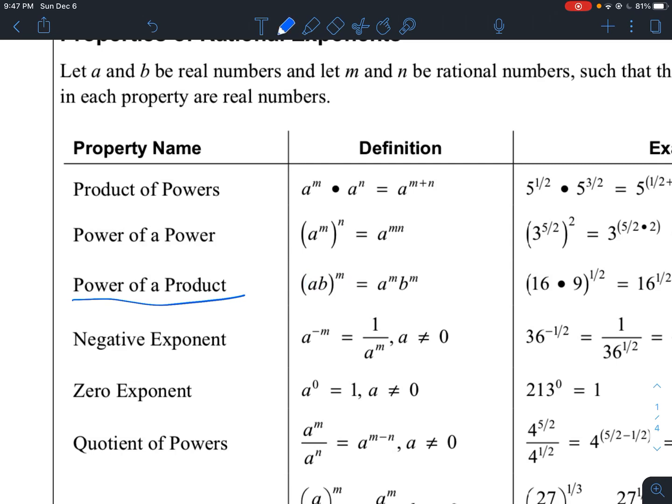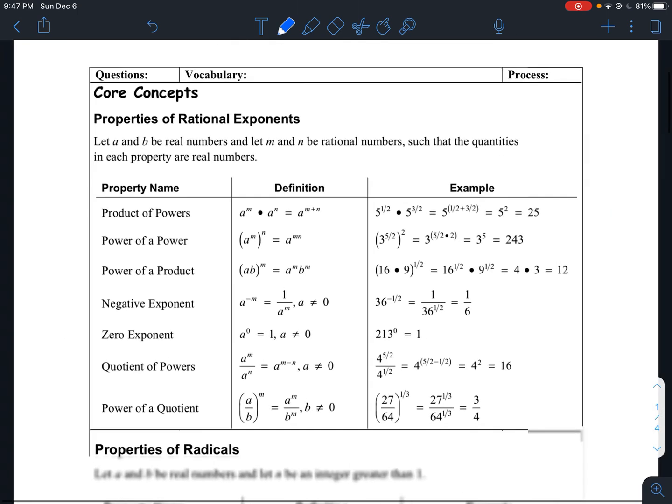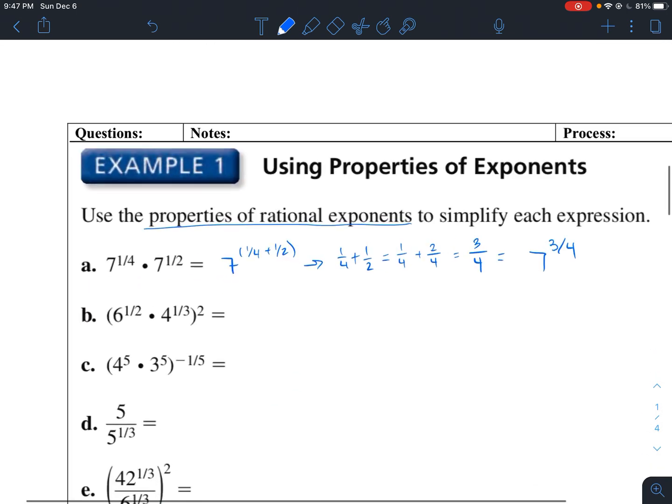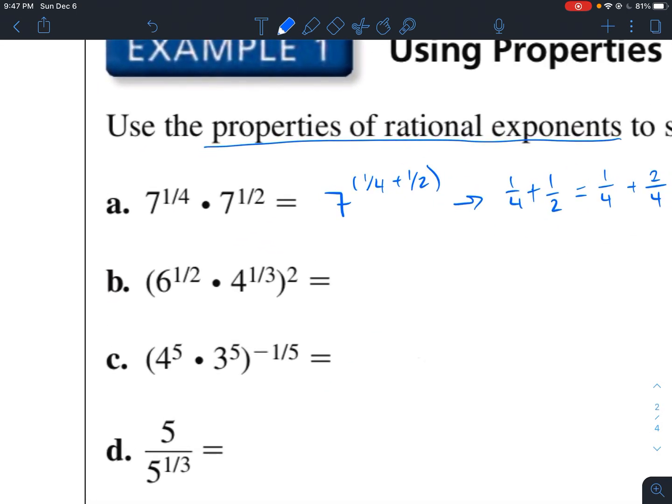This is the same thing as a to the m times b to the m, so you see that this m is distributing to both the a and the b, only because the a and the b are being multiplied by each other. So I can distribute this to both terms, so that this is now going to be 6 to the 1/2 squared times 4 to the 1/3 squared.